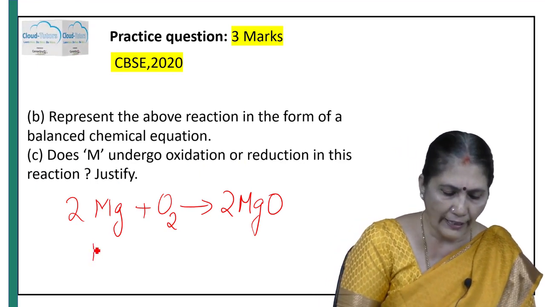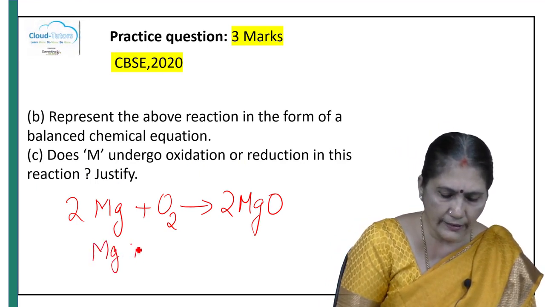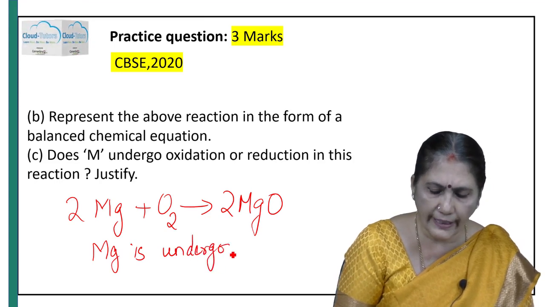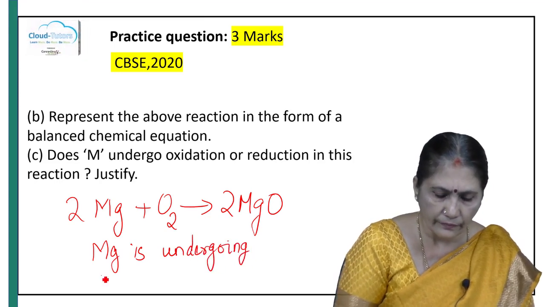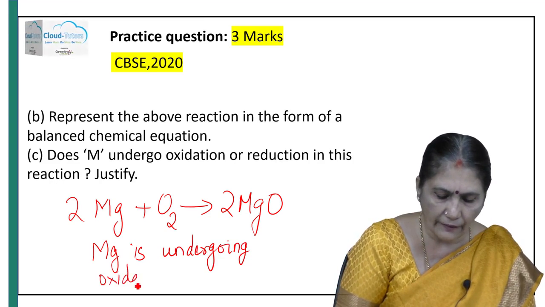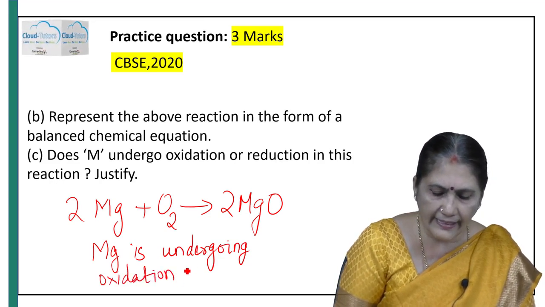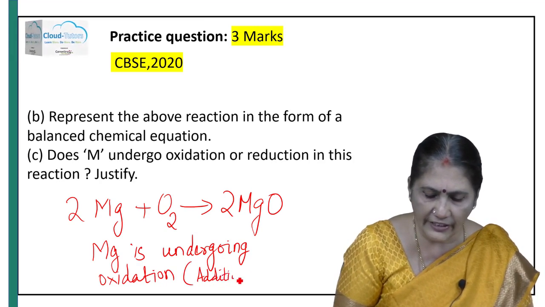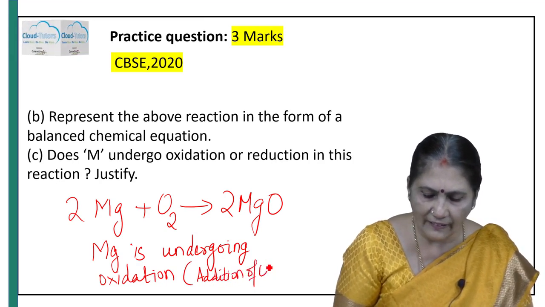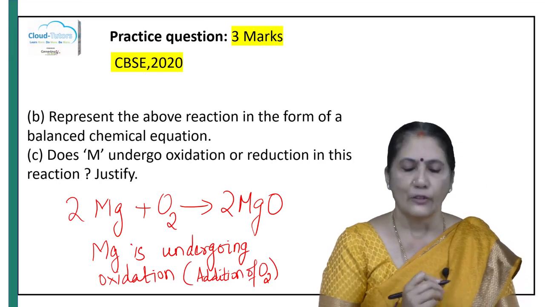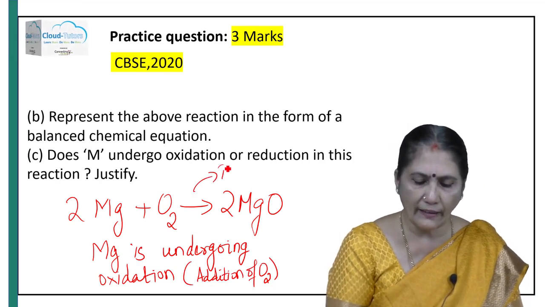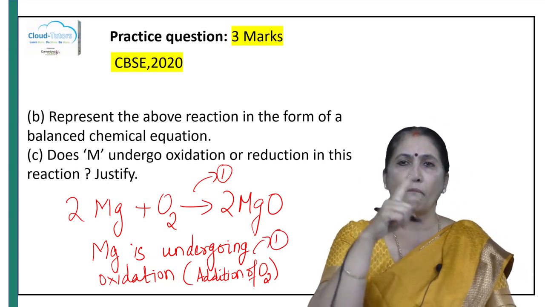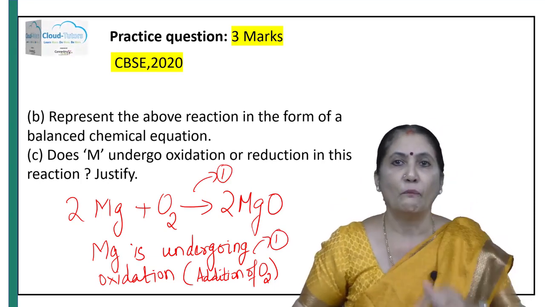You have to write Mg is undergoing oxidation, as it is involving addition of oxygen. So this will fetch you 1 mark. This will fetch you 1 mark, and identification of M and N will fetch you 1 more mark.